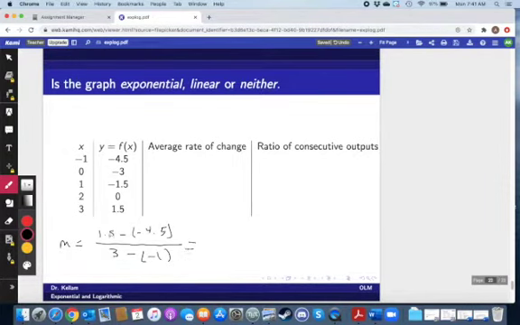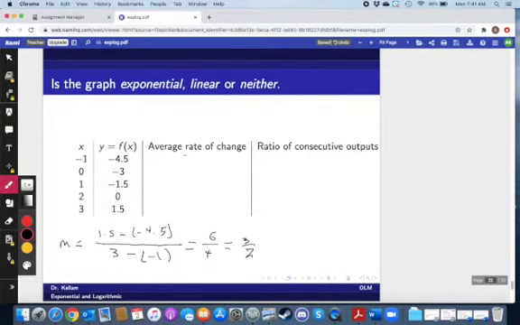And this is going to be 1.5 plus 4.5, so this would just be 6 over 4, and 6 over 4 is just 3 halves.